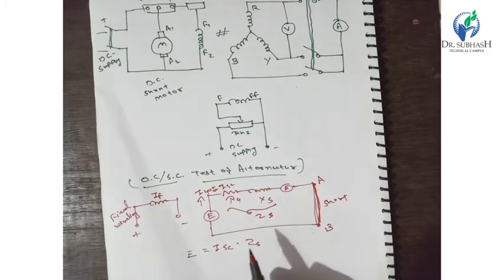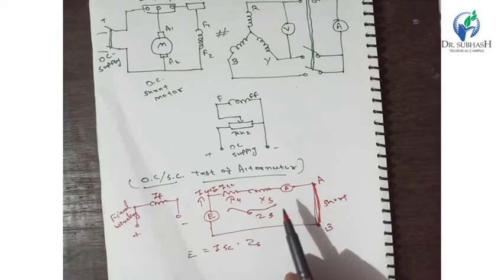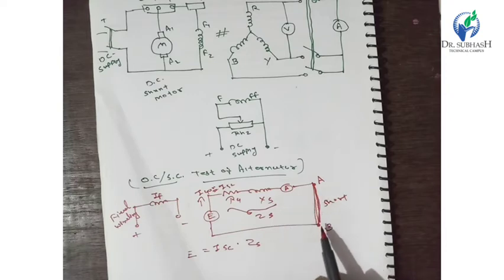Here the current ISC can be measured by a meter as shown in this figure, but the internal EMF E cannot be measured. If we connect the voltmeter across the AB terminals, it will show zero voltage due to the short circuit connection. But to find the impedance ZS, we should know the EMF in this equation.